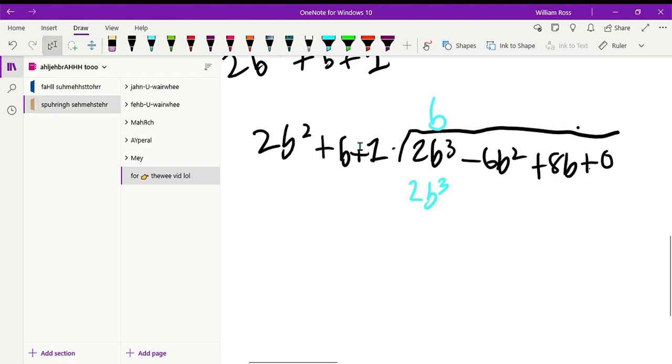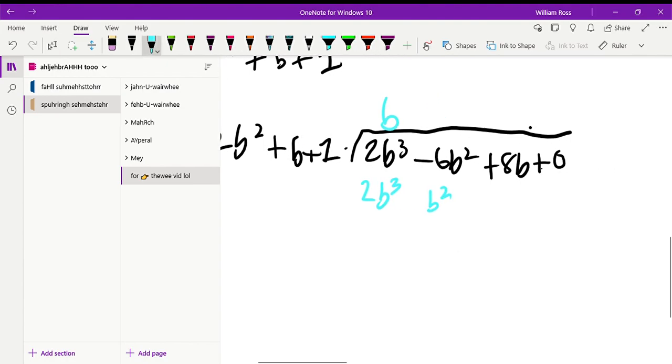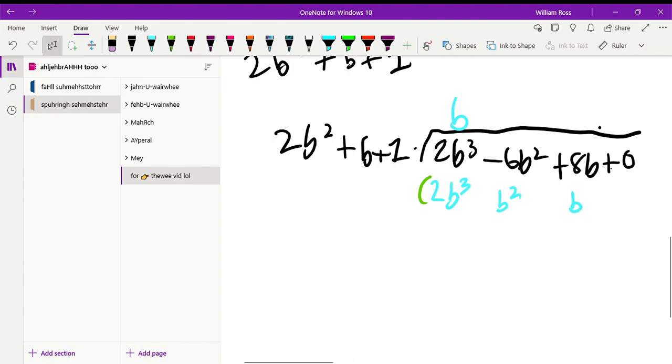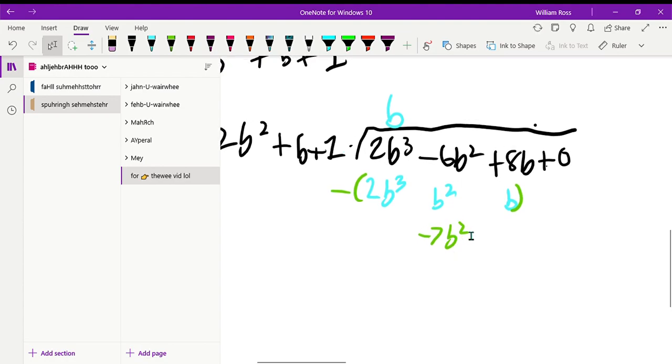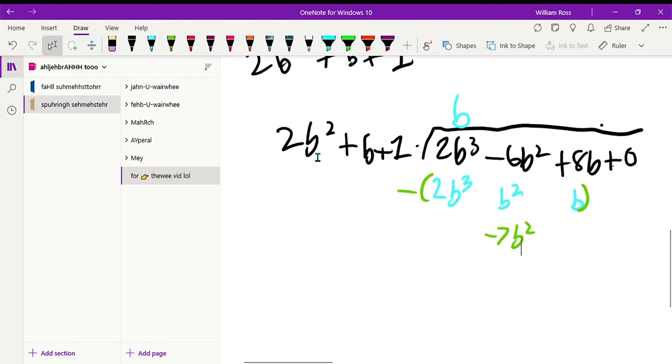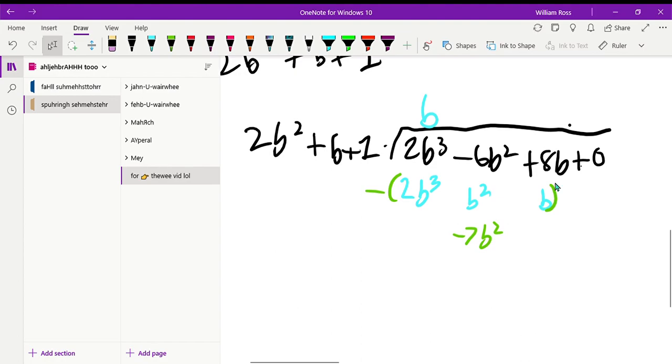B times b will give you b squared, and b times 1 will give you b. Flip the signs. These two will cancel out. Negative 6b squared minus b squared will be 7b squared. Seven b squared, b, and then 8b minus b will be 7b.